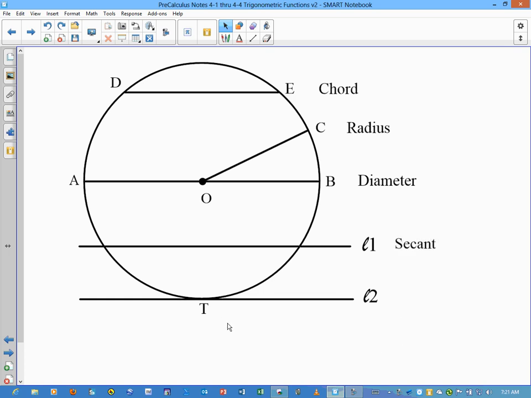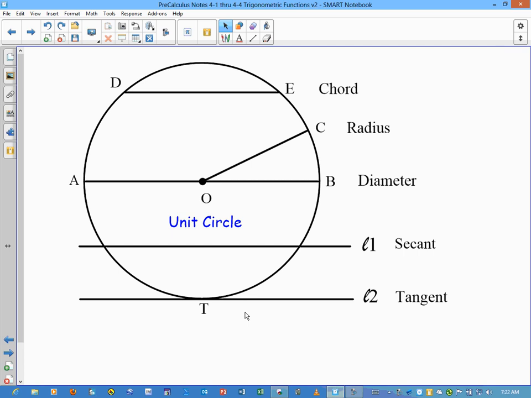And then if you have a line that touches the circle in just 1 point, called the point of tangency, that is called a tangent line. So it's important to remember these words. We will be getting into how we use them a little later. Now, for our purposes, we're going to use a unit circle.